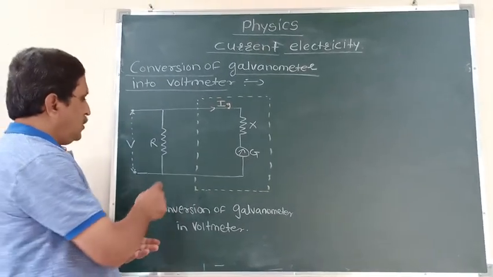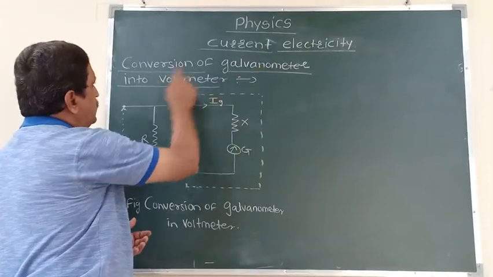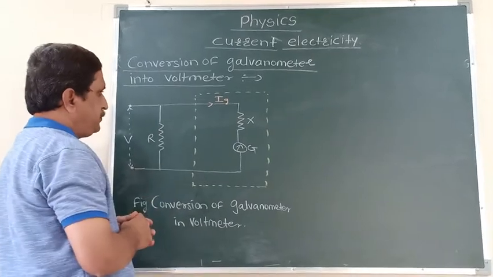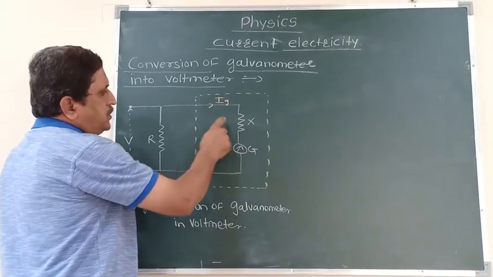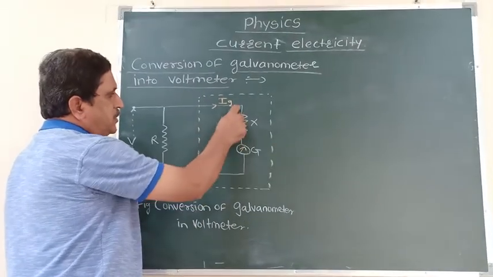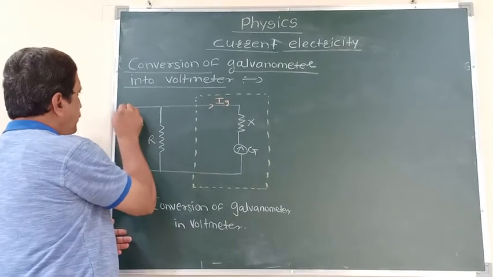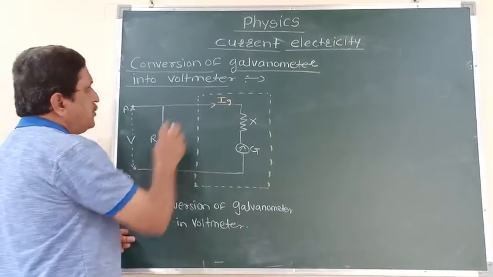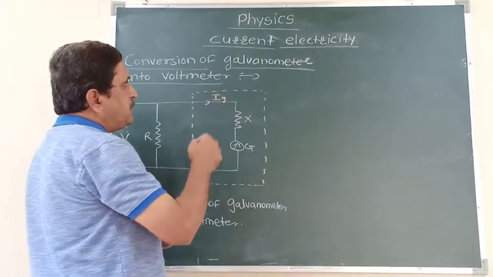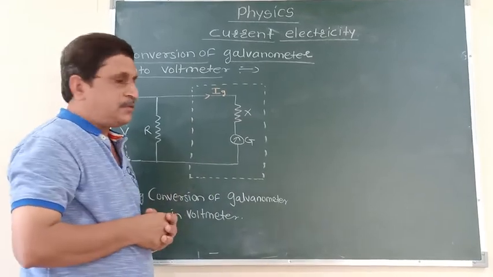Now, this is the circuit diagram to convert a galvanometer into a voltmeter. In the circuit diagram, one resistor, unknown resistor X, and the galvanometer are connected in series combination between these 2 points A and B. That means to convert a galvanometer into a voltmeter, we have to increase the resistance of the galvanometer to measure a large amount of potential difference.